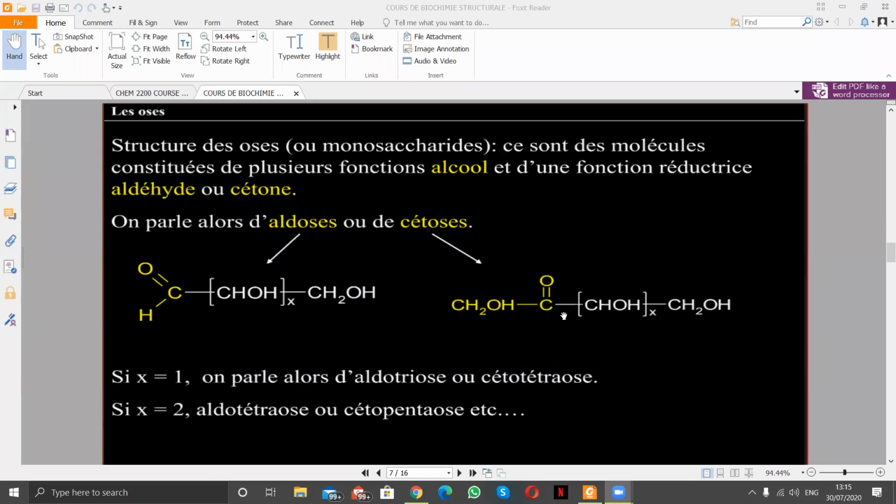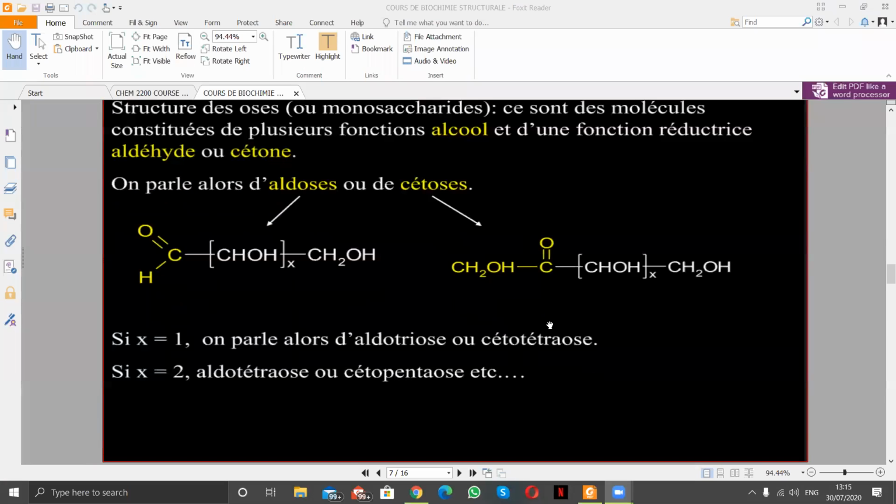Yes, we are. So for aldose, remember the bond is formed on the first carbon. For ketose, the bond is formed on the second carbon. Do I have a good structure? Yeah.